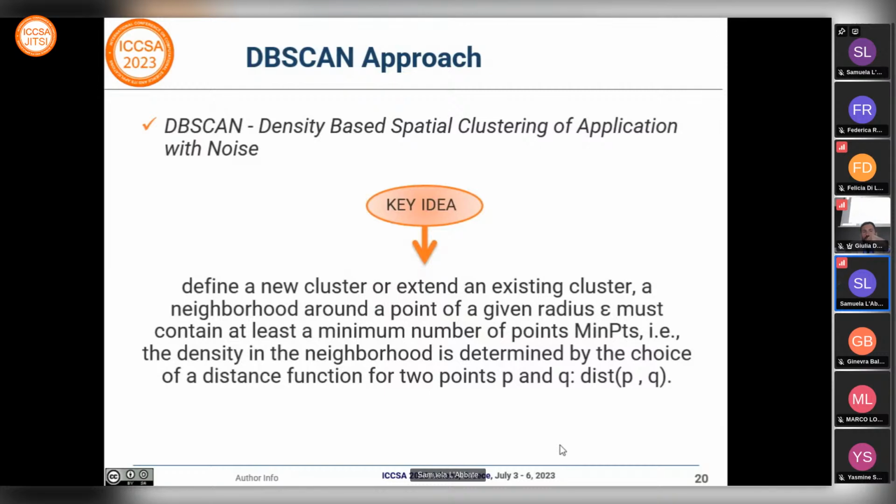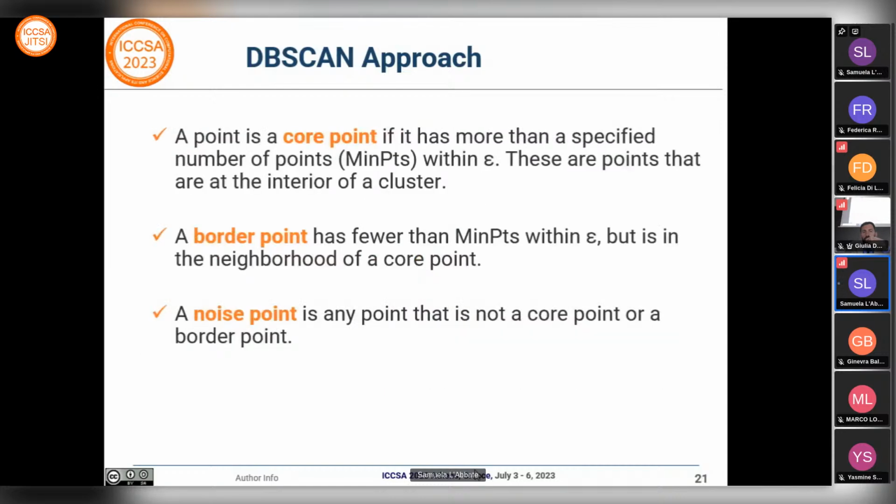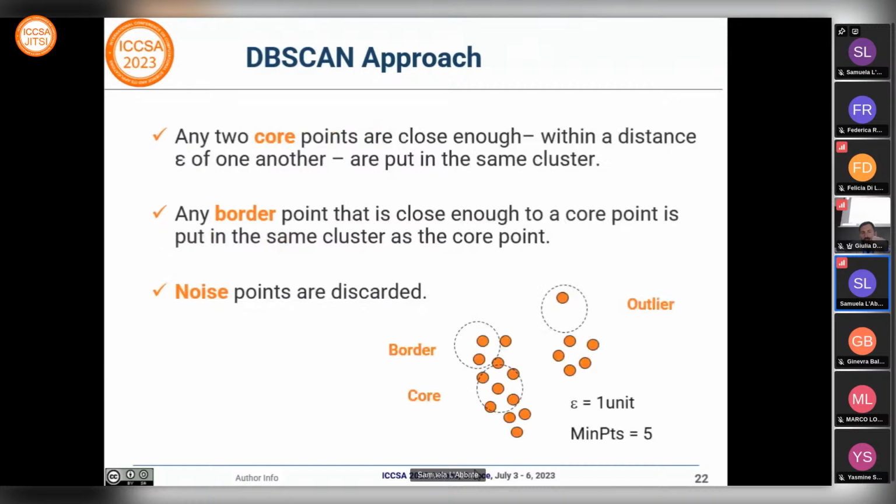That is, density in the neighborhood is determined by the choice of a distance function for two points P and Q. A point is a core point if it has more than a specified number of points, MinPts, within epsilon. A border point has fewer than MinPts within epsilon, but is in the neighborhood of a core point. And a noise point is any point that is not a core point or a border point.